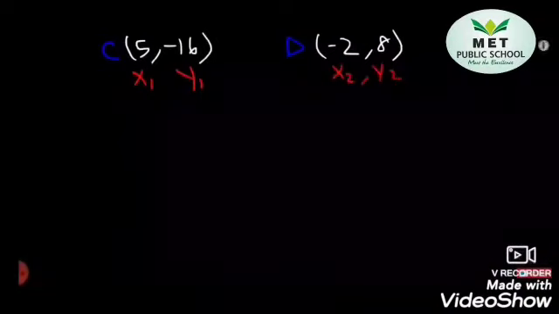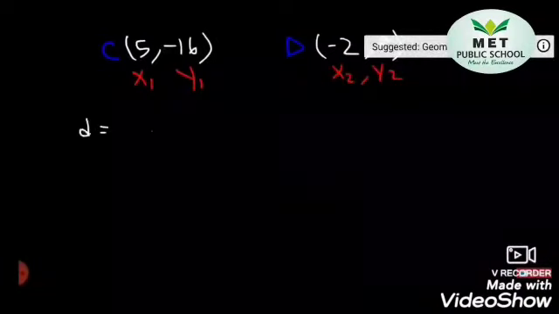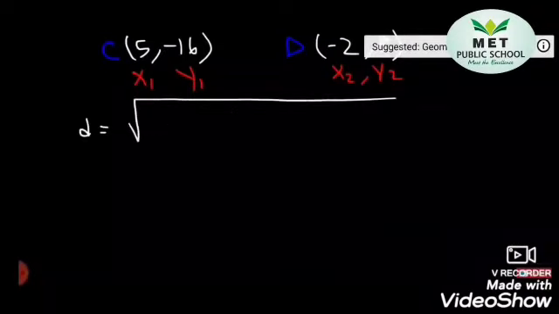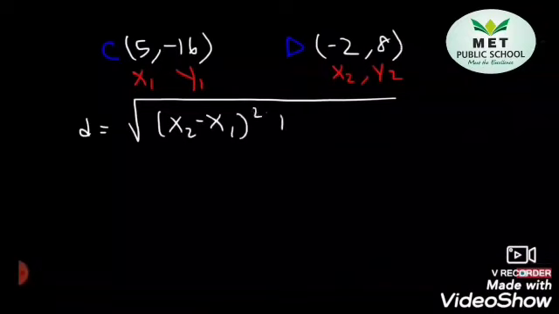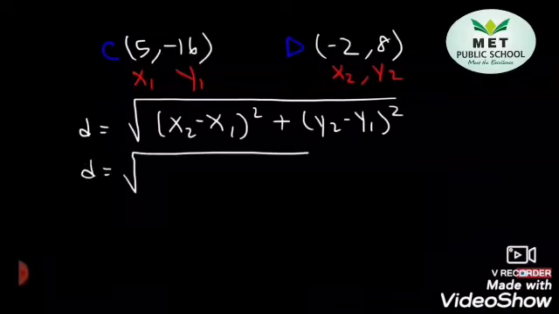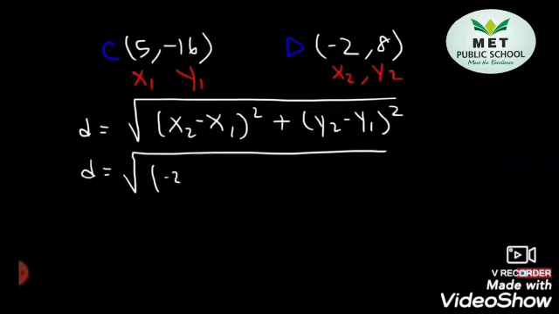The first point given, that is C, is x1, y1, and the second point given to you is x2, y2. After writing the distance formula, root of (x2 minus x1) whole square plus (y2 minus y1) whole square, substitute all the values of x2, x1, y2, y1 in the given formula.